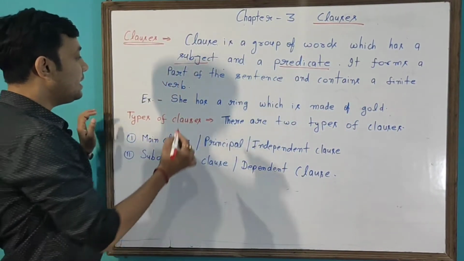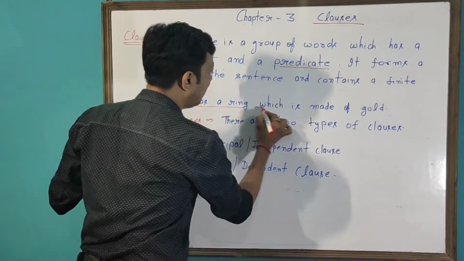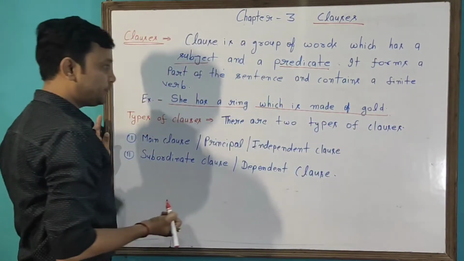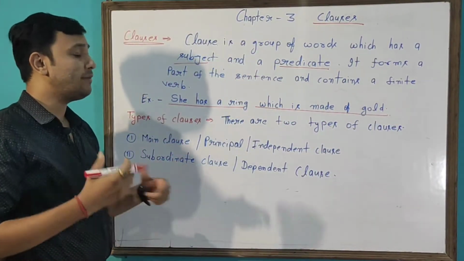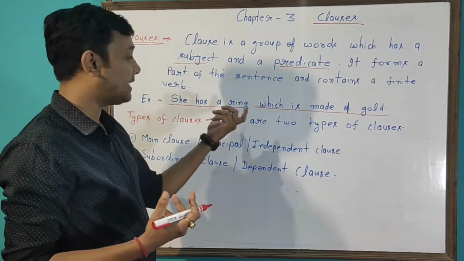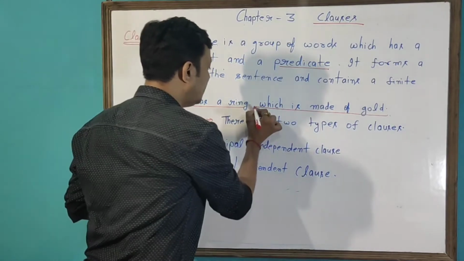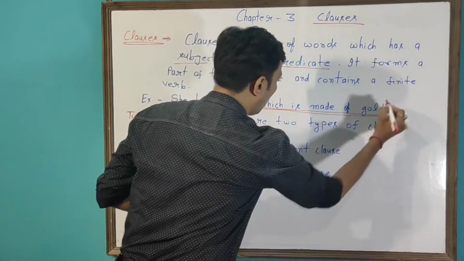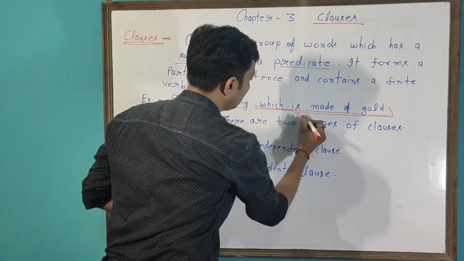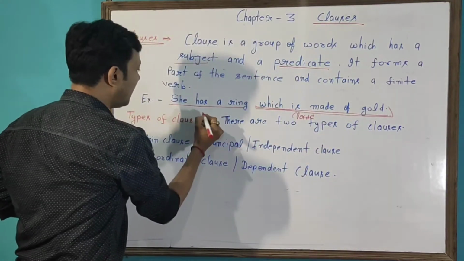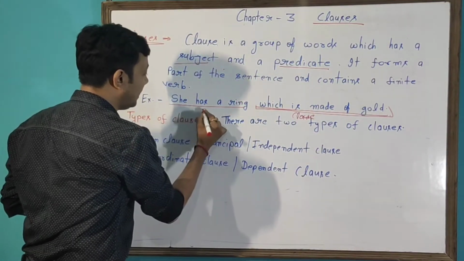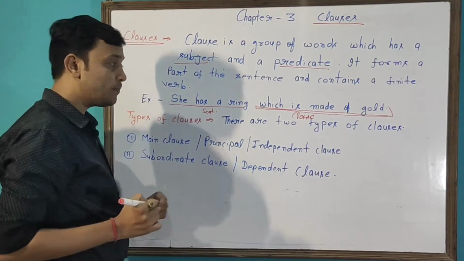For example, she has a ring which is made of gold. Now in this sentence I will tell you how to identify it as a clause. I told you, a clause is a group of words. This part is known as a clause, and this group of words is known as a sentence. Clear?